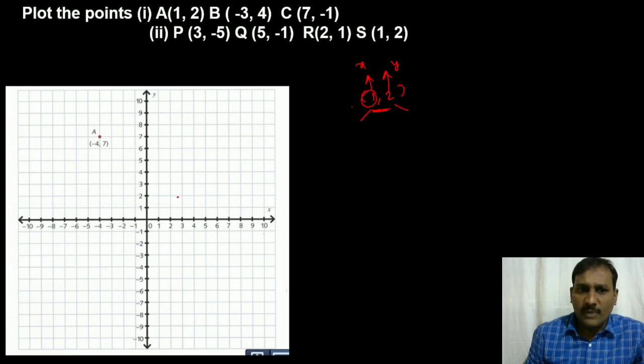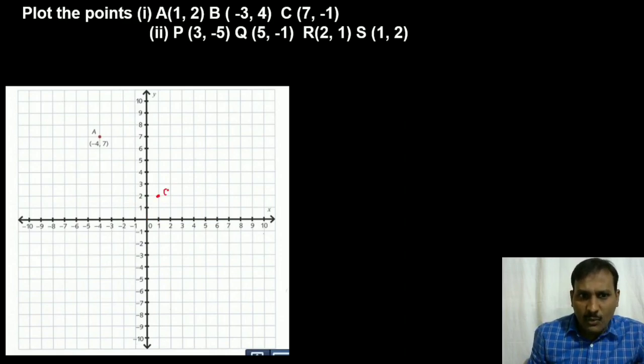The x value is 1, so from 0 we move 1 unit to the right. Next, y is 2, positive 2, so you have to move upwards. Here you will stop. So this point is 1 comma 2, where this is x and this is y.